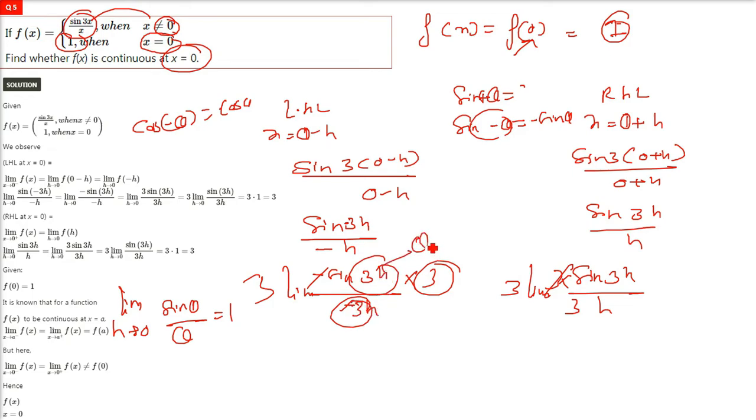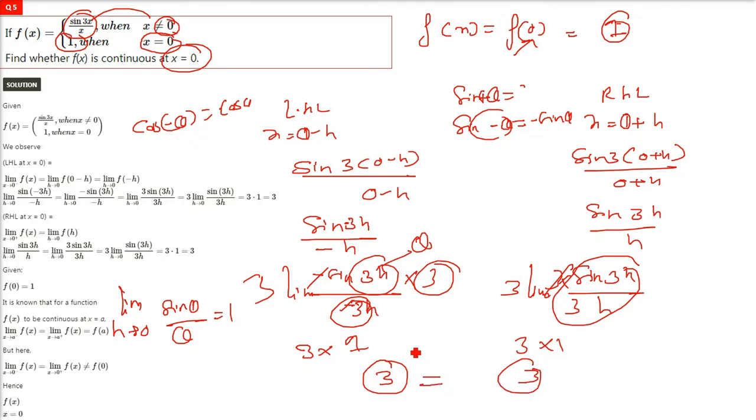So only what is remaining here is 3, because 3 was already outside. So it is 3 on the left hand limit and also on the right hand limit. The limit exists and the value is also the same.